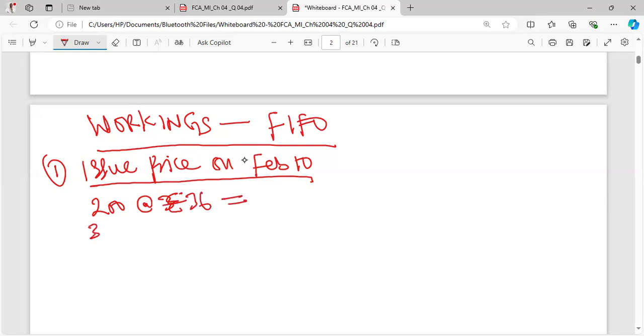Then we'll take the remaining 300 at 38 pounds. So what do we get when we do this calculation?